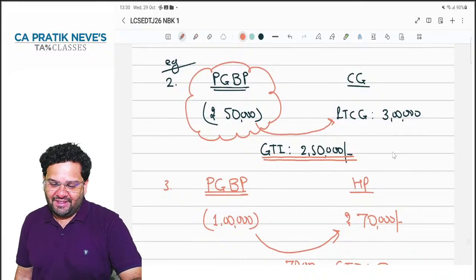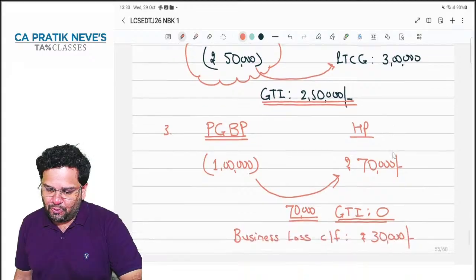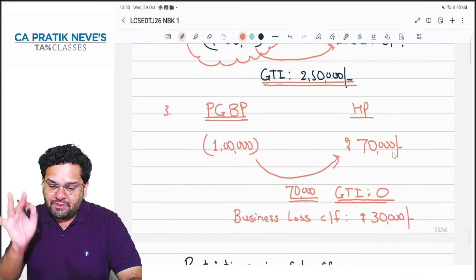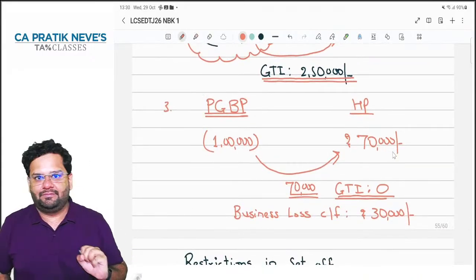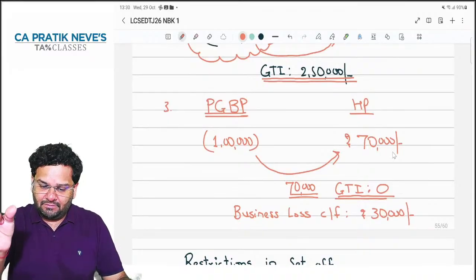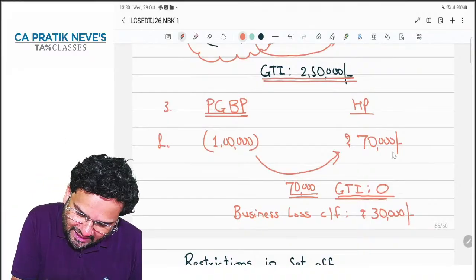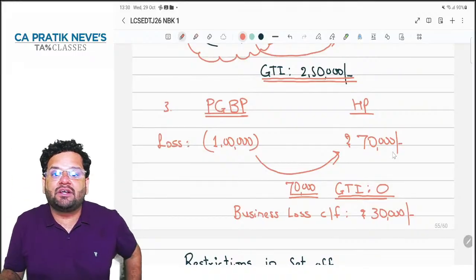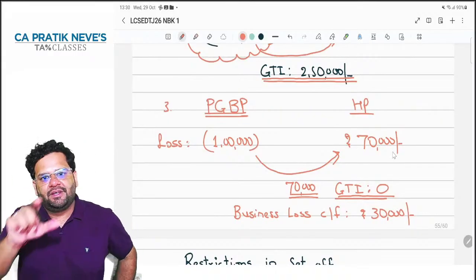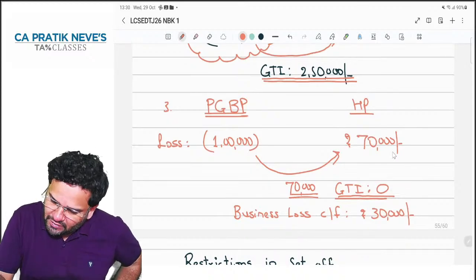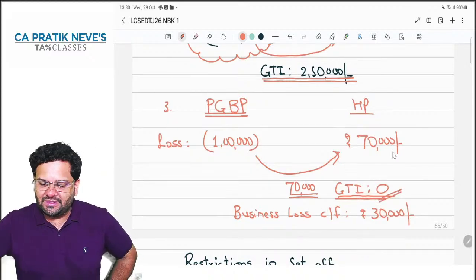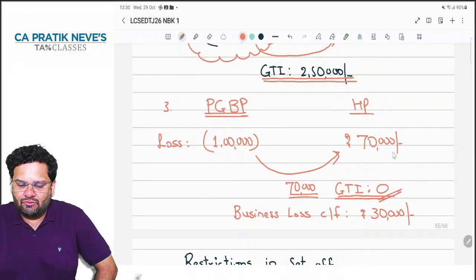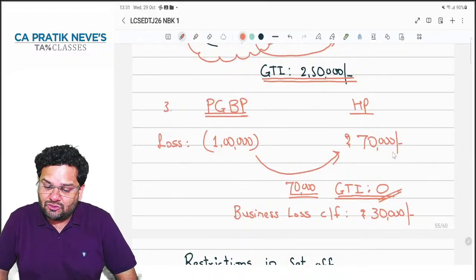Then, suppose there is a PGBP of 1 lakh in bracket, which indicates loss, loss of 1 lakh, and HP income of 70,000. Then your gross total income will be 0. Do you agree? Why will it be 0?